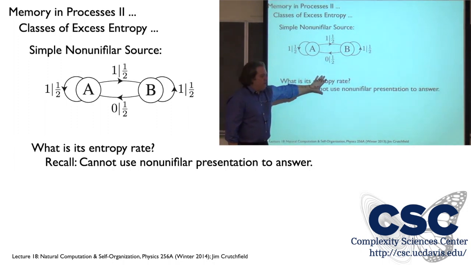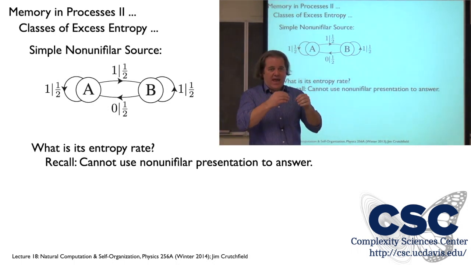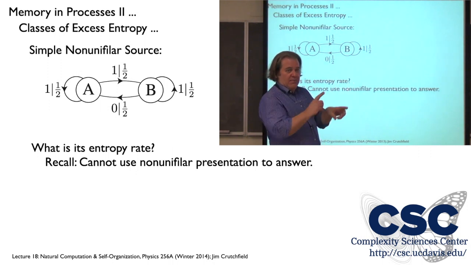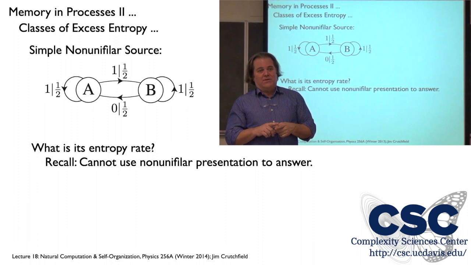But let's go back to where we were just talking about processes and models weeks ago. What's the entropy rate? Well, we have that formula, the closed form formula for the entropy rate, the state average branching uncertainty. But that only applied. We had a version for Markov chains, and we had a version for unifilar hidden Markov chains. We talked a bit about why non-unifilarity means you can't use that formula, right?